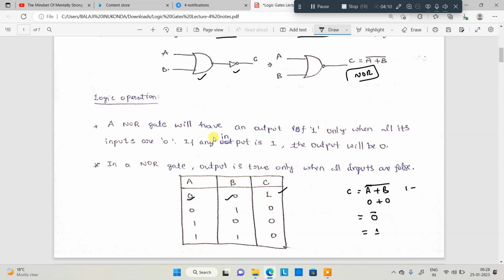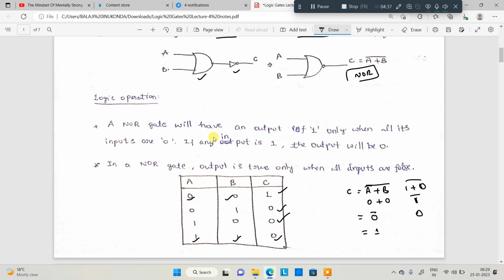That means 1 plus 1 whole bar. That will be 1 whole bar, which is equal to 0. That means whenever both the inputs are 1, the output will be 0. Remaining cases, any one input is 0: 0 plus 1 is 1, 1 bar is 0. That means we also get 0.